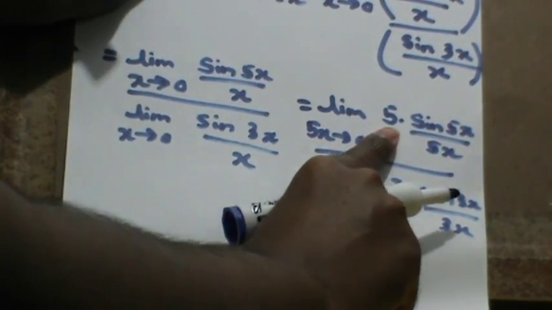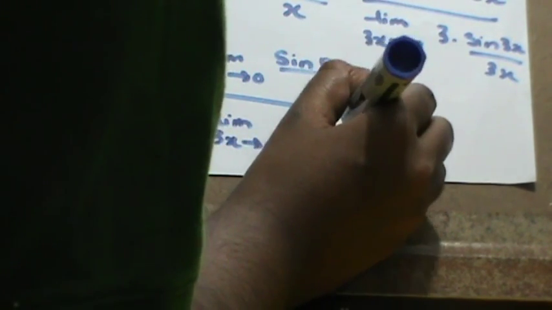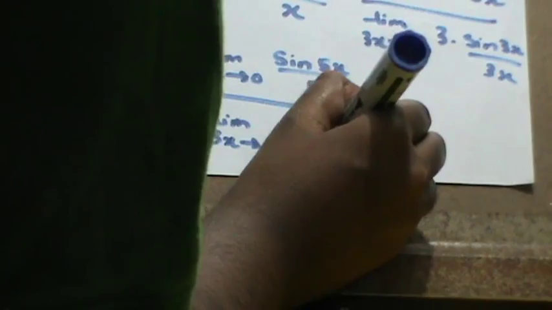Right? You know that if you have some constant like this, you can take it out as well. So that is equal to 5 times the limit when 5x goes to 0 of sine 5x divided by 5x, divided by 3 times the limit when 3x goes to 0 of sine 3x divided by 3x.